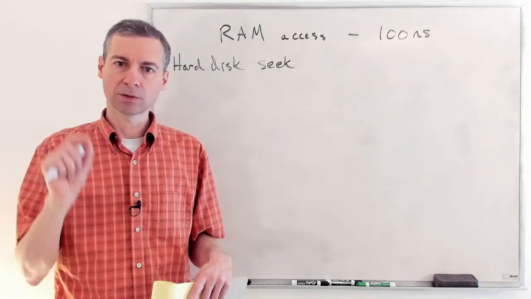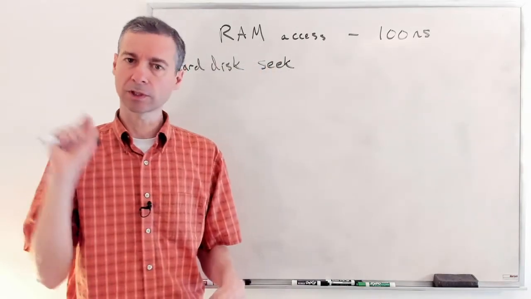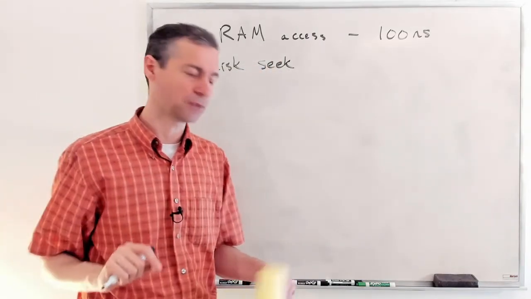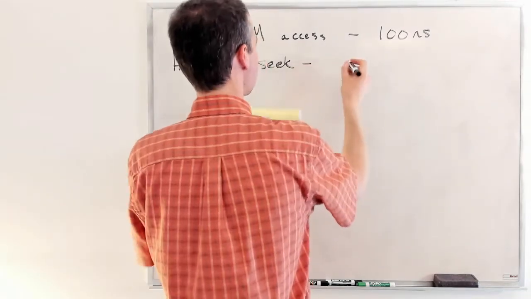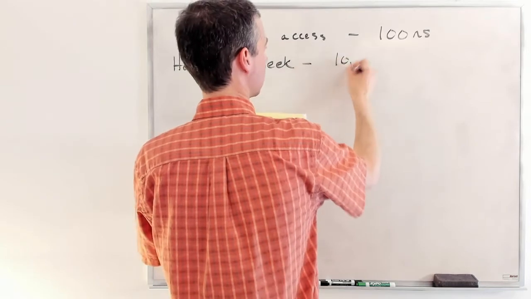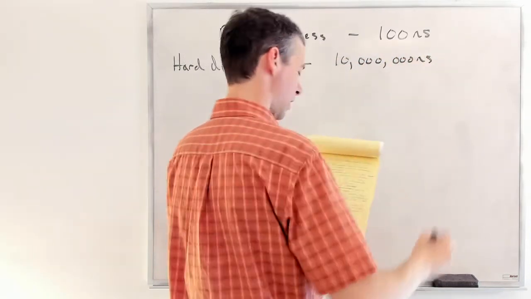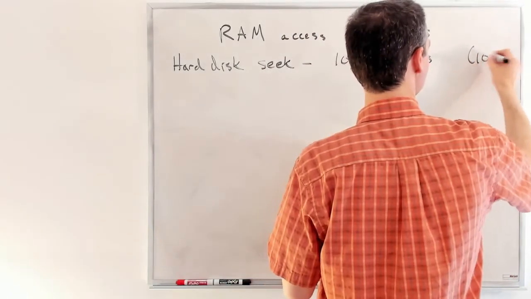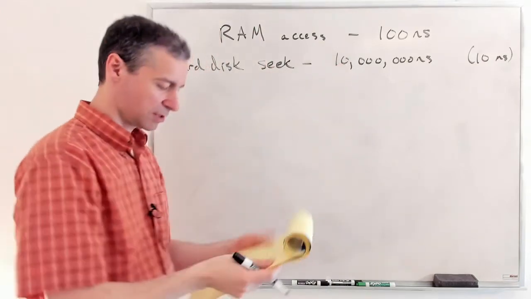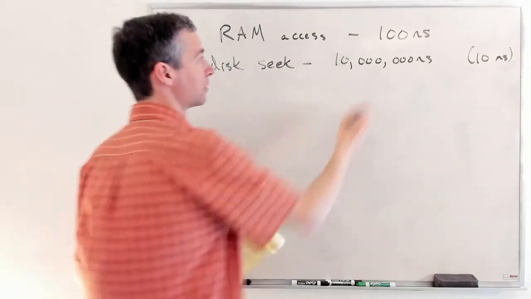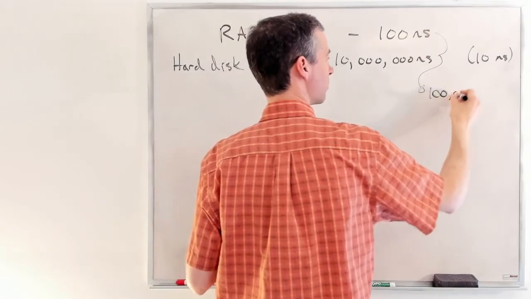In other words, this is basically the equivalent of a random access. We are going to go to a specific part of a file when we have to do a seek. Well, this just happens to take 10 million nanoseconds. To put that in terms, that's 10 milliseconds. What's this difference here? Going to disk is 100,000 times slower.